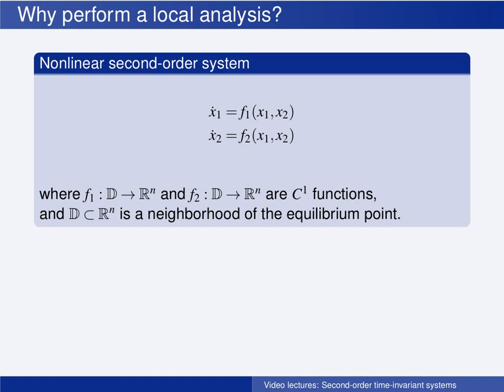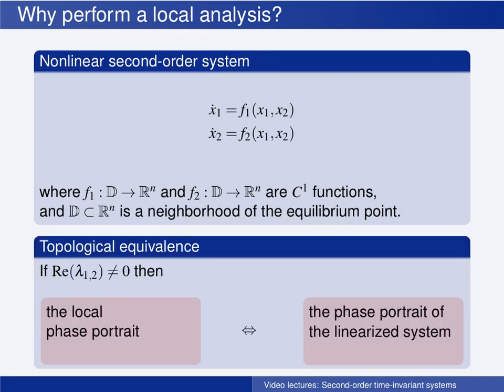So what can we say about the behavior of this nonlinear second-order system from the behavior of the linearized system? It can be shown that as long as the real part of both eigenvalues is non-zero, then the local phase portrait is topologically equivalent with the phase portrait of the linearized system.